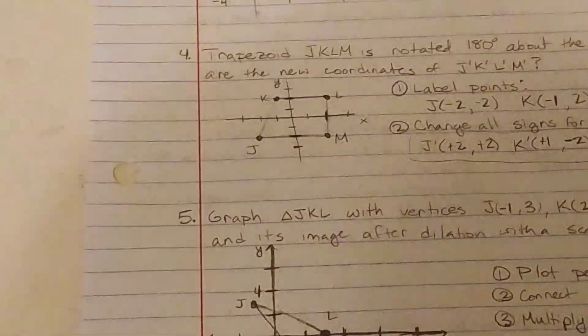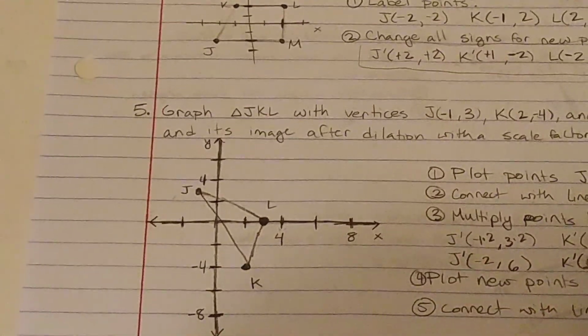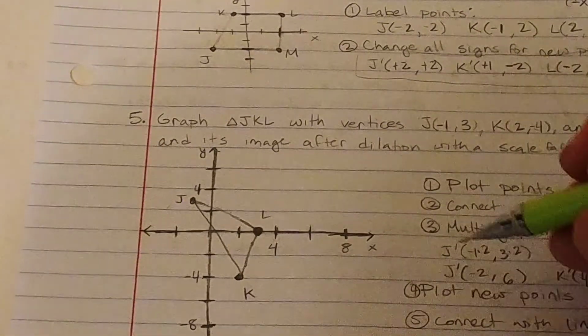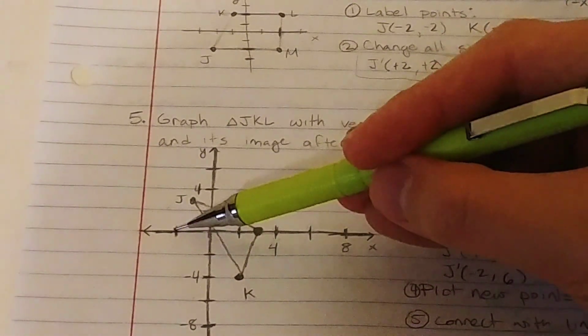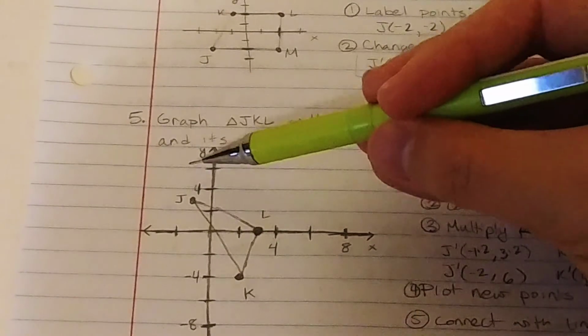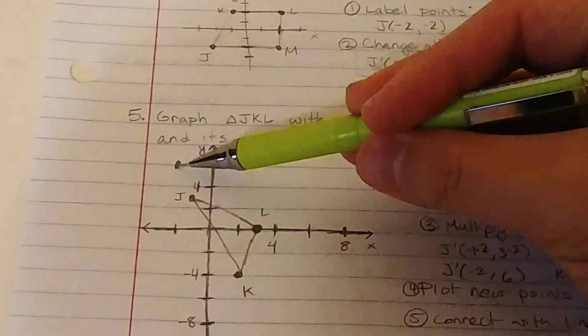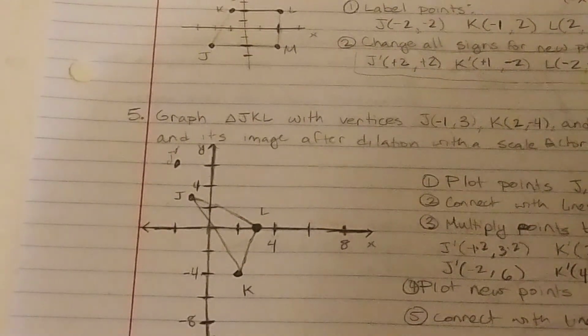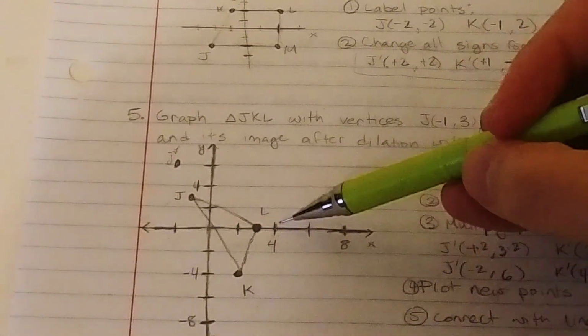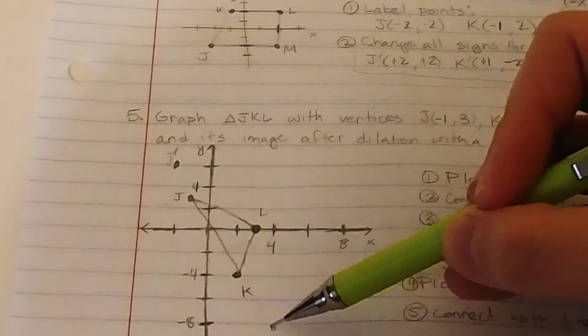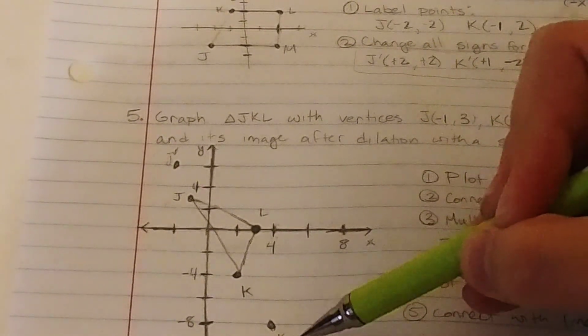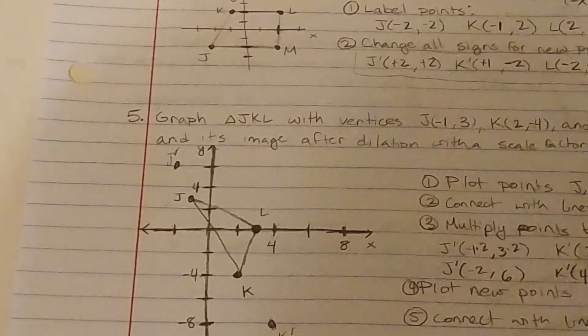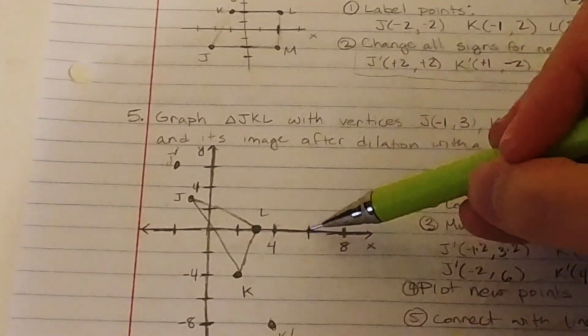All right, so now we're just going to plot those points. So negative 2 comma 6, go to the left 2, and up 6. There's J prime. And then K prime is 4 comma negative 8. Go to the right 4, down 8. And L prime is 6 comma 0. Go to the right 6.